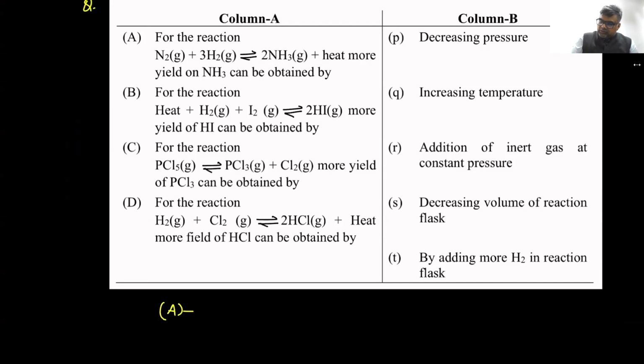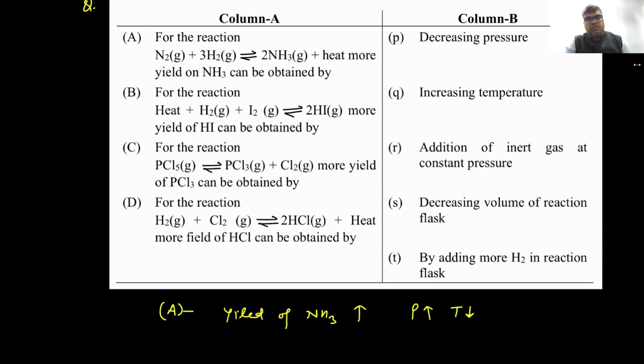It means the yield of ammonia will be increased if I increase the pressure, if I decrease the temperature, and concentration also. So the first option P is not correct, because decrease of pressure is incorrect, and increase of temperature is incorrect.